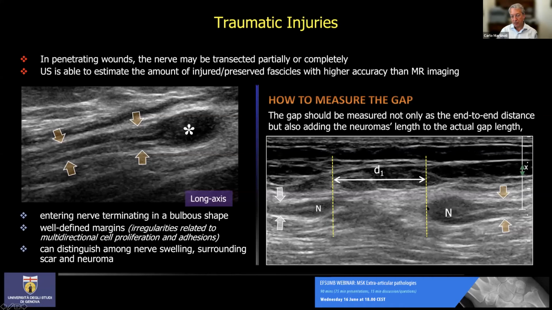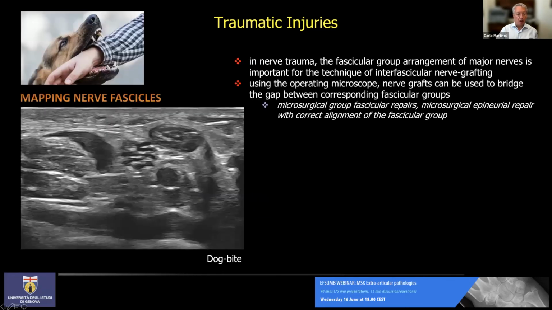Ultrasound has to measure the gap between the two nerve ends, but it's also important to measure the distance between the base of the two neuromas, because the two neuromas have to be resected at surgery. So remember that ultrasound is very accurate.